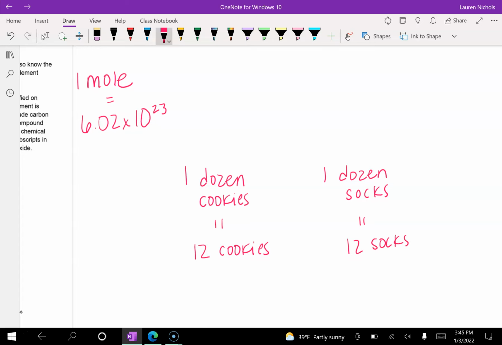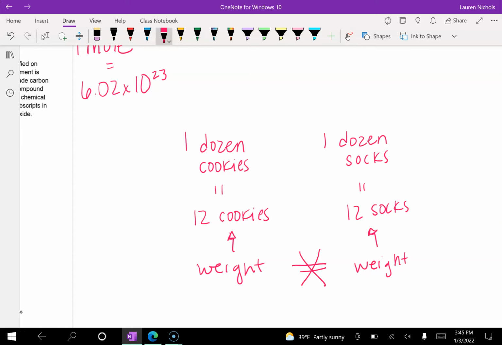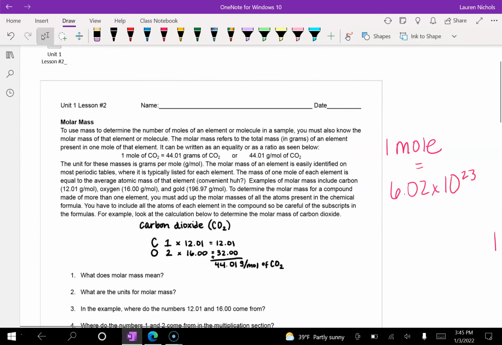These are the same numbers, but we know that the weight of 12 cookies is going to be different than the weight of 12 socks. These are not going to be the same number because they're not the same type of item. And so the same can be said for chemicals.